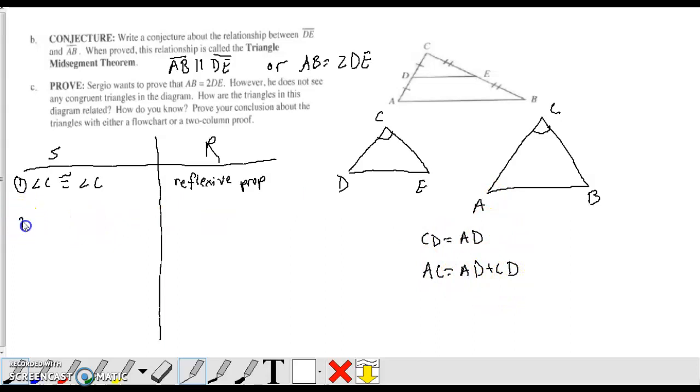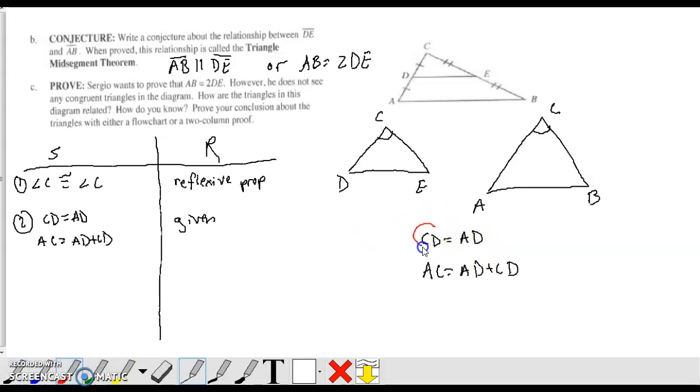Let's put that into our flow chart. So I'm going to put those together: CD is equal to AD, and AC was equal to AD plus CD. That was given information. Let's figure out how we can use that information. If I think about this, let's replace something.